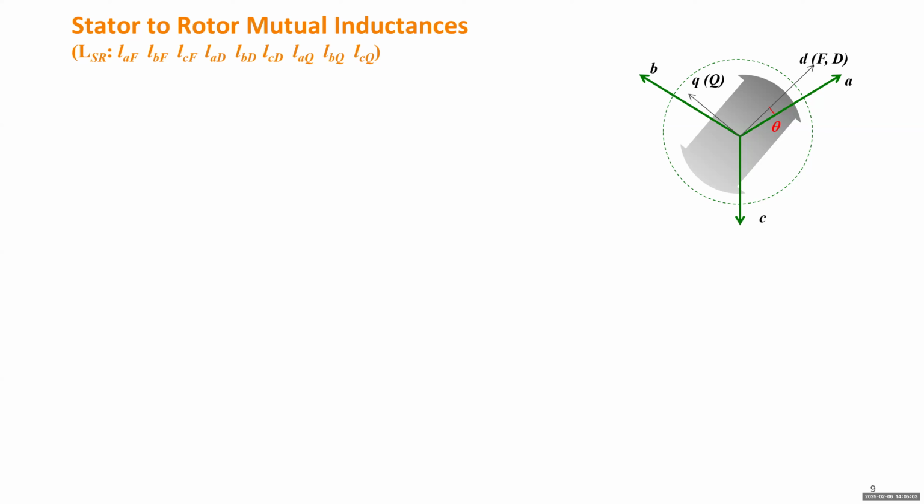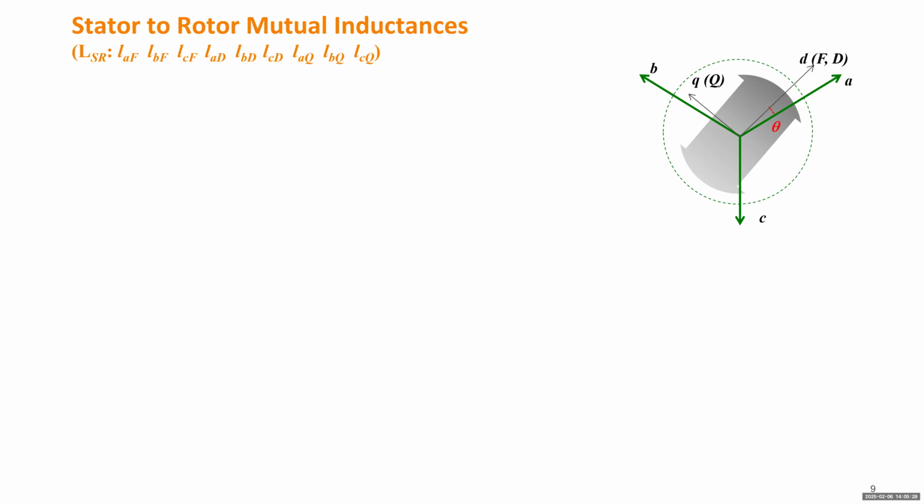For the stator to rotor mutual inductances, we're talking about anything with one letter from ABC and the second letter from FDQ. For this case, the period will be 360 degrees because one winding revolves together with the rotor.